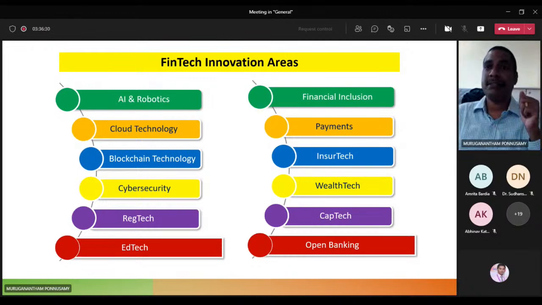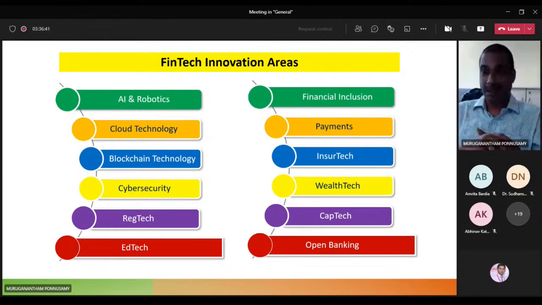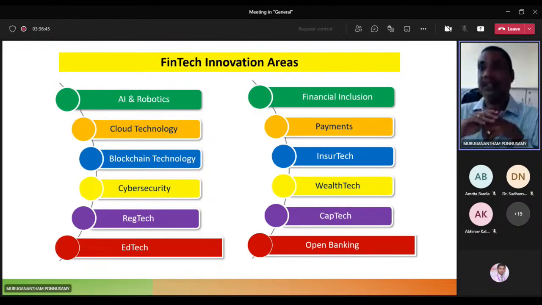RegTech, a subset of FinTech, focuses on technologies that may facilitate the delivery of regulatory requirements. I hope there is no need to brief you on the regulatory requirements of the banking or financial sector.